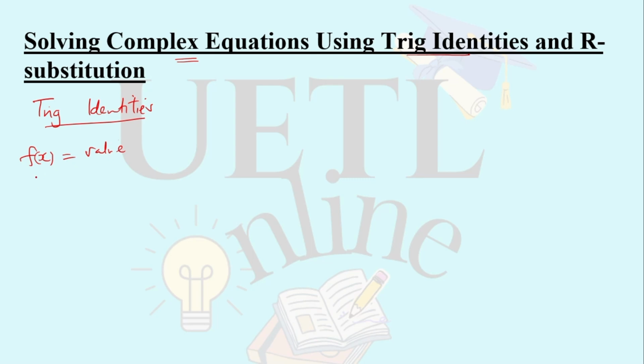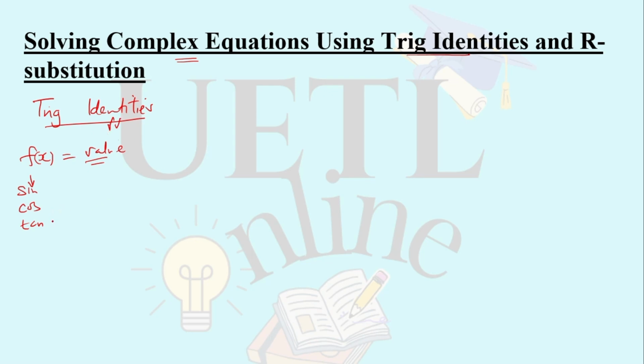This f is sine, cos, or tan. So you are trying to make sure that it is manipulated or factorized until it reaches this form. In this case, you have to be able to work out identities until you get a solution. I'm going to do an example on this.